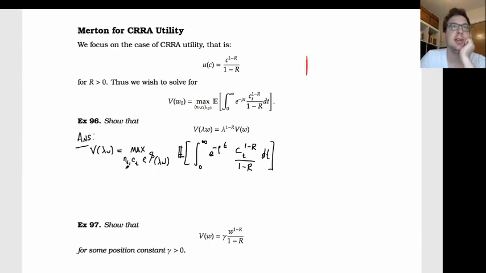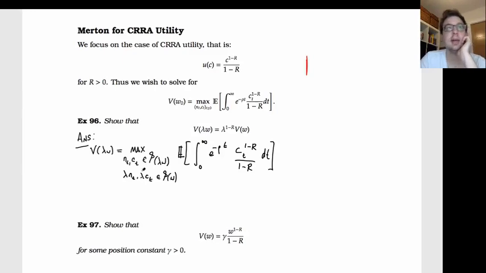Each policy that I consider here is the same as a policy where I have n(t) and I consume lambda c(t), okay, but I have an initial wealth of W, because everything I could do here with this wealth, I can also consider as an investment where I just multiply everything by lambda, okay?